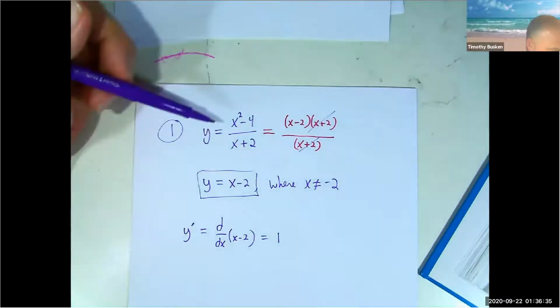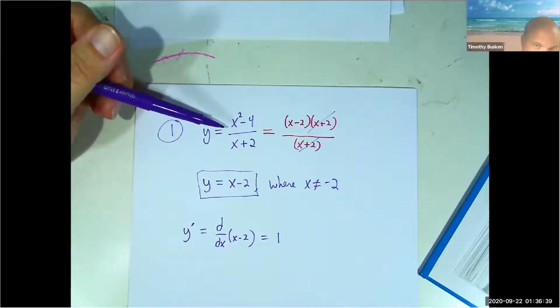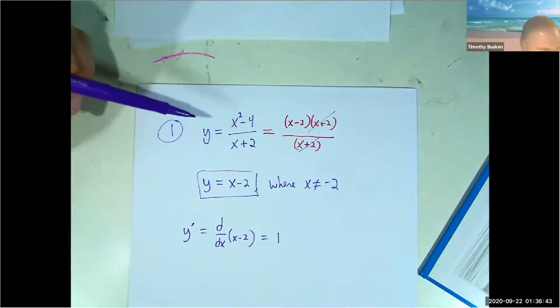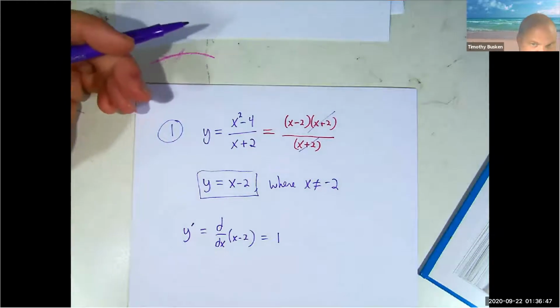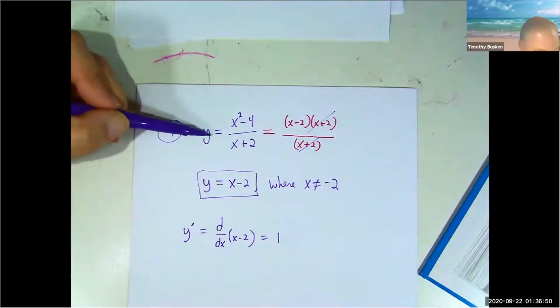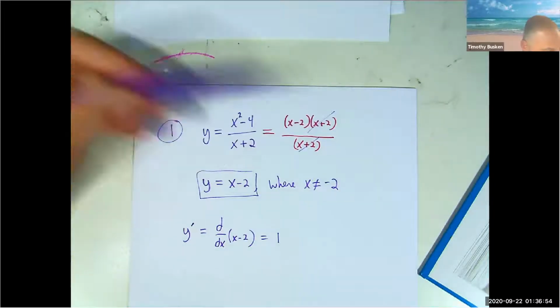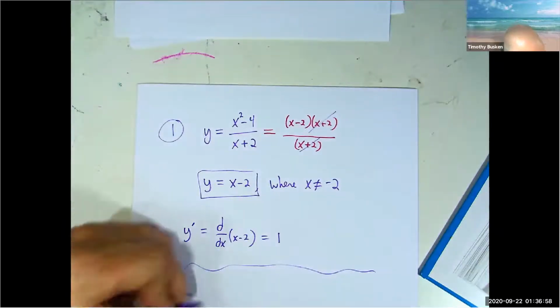So before you start to use your quotient rule, you want to ask yourself, is there any way I can rewrite this function definition in a way that's simpler for me to take the derivative? And so this is one trick that you might need to deploy, where you factor and then you have a factor cancel. Let's take a look at the solution to the second problem.